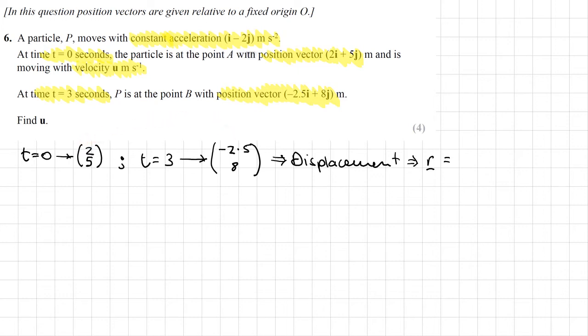So that is a jump of negative 4.5. And the jump in the j position, well, that's gone up by 3. So that's the displacement that we're going to be using in SUVAT. I suppose it should be RUVAT since we're using r for displacement.